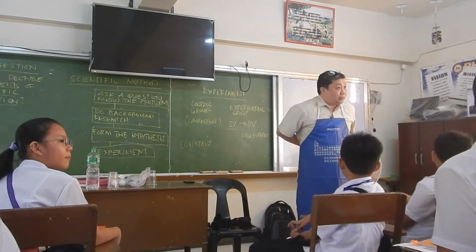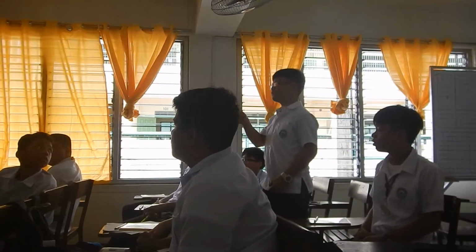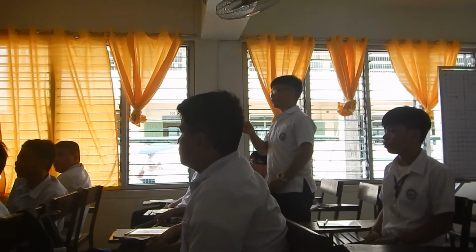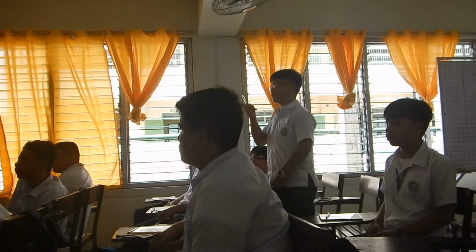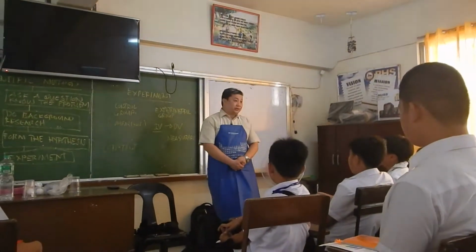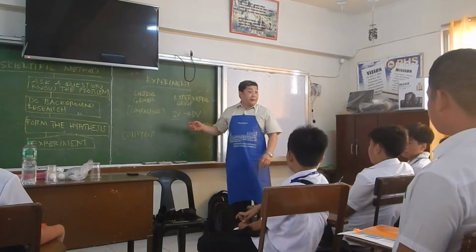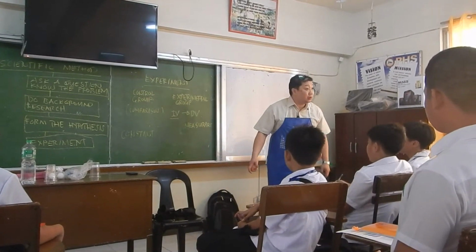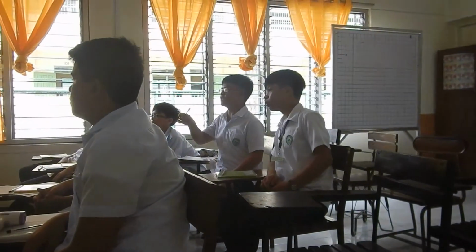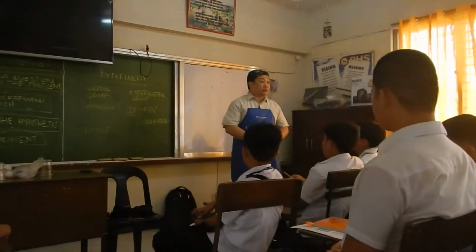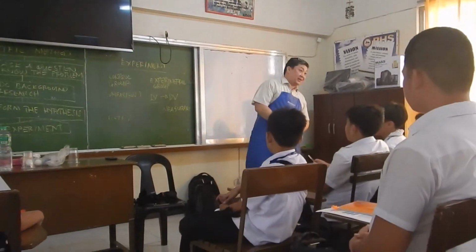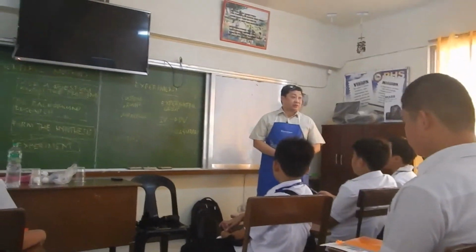Just want to ask if the experimental group will have that effect on the final outcome. Yes. If I understood your question correctly, will the experimental group have an effect on the outcome? Of course, because you manipulated, so there is a change, or there will be changes.